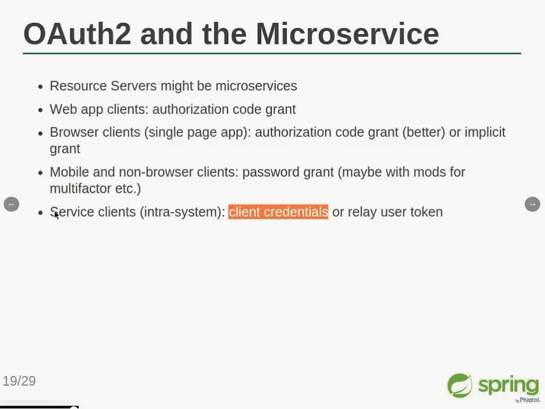If you don't have a user, then you use client credentials. If you do have a user, then the split tends to be between browsers and non-browsers. Non-browsers tend to use password grant. Anything that uses a browser can and should use authorization code grant, but you do have to think about it a little bit for a JavaScript client. That's why they also provided the implicit grant as another option. That's the quick recipe decision tree.